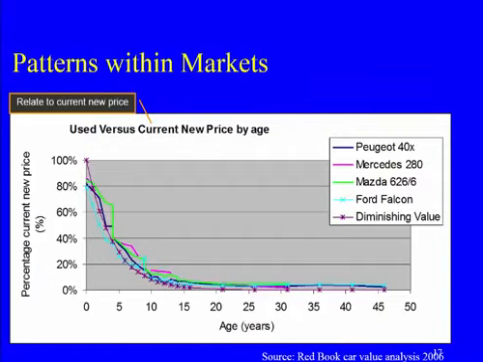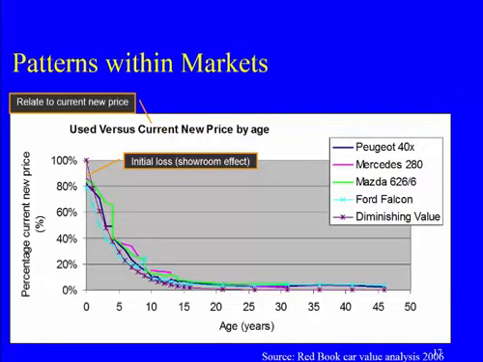Next we will notice that most of the cars we have taken all have an initial showroom effect, an initial loss of about 20%, or maybe somewhere between 15 and 20% depending on which one you look at. The Ford Falcon appears to have the greatest loss of value as soon as you roll it out of the showroom.